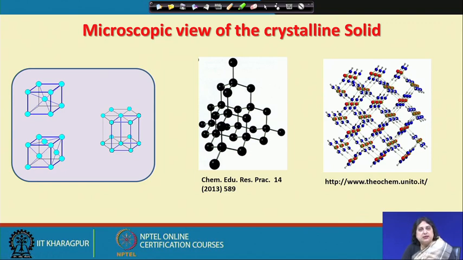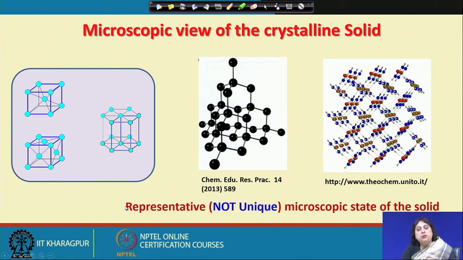But as chemists, we always think about these structures as a unique microscopic view of the crystalline solid, and this is the unique repeating unit, as you see here or here or here, that will build up the structure.